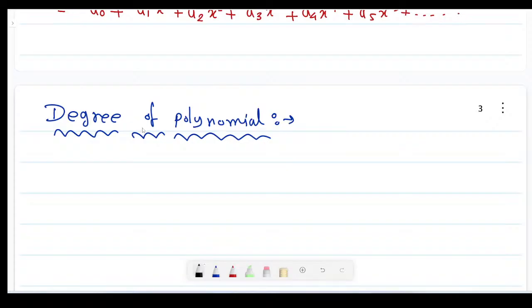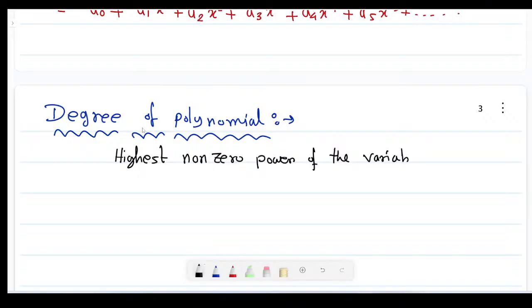So degree is the highest non-zero power of the variable of the given polynomial. How does it mean?